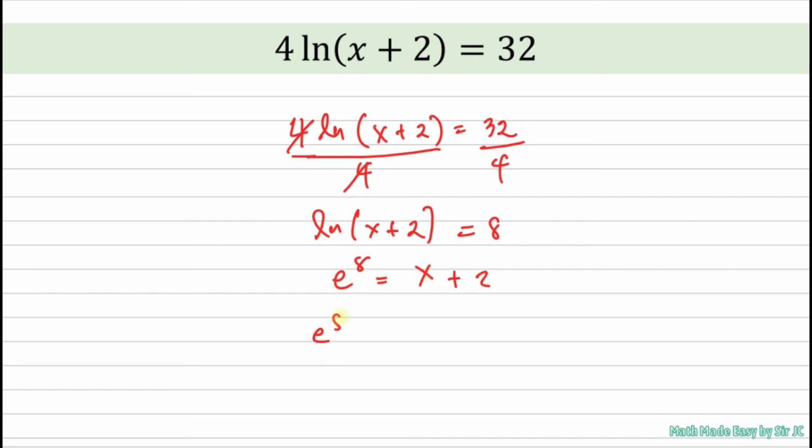Therefore we have e raised to 8 minus 2 equals x, and using your calculator, that is approximately 2978.96. So the value of x in this equation is 2978.96. Okay, so this is the process on how to solve a logarithmic equation.